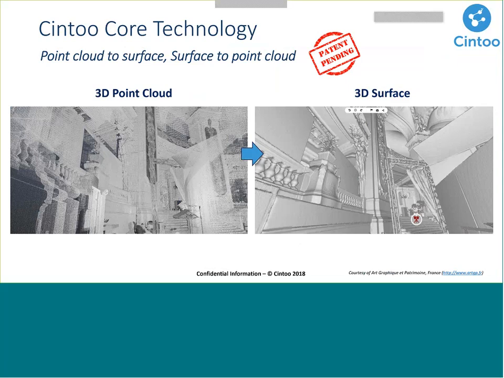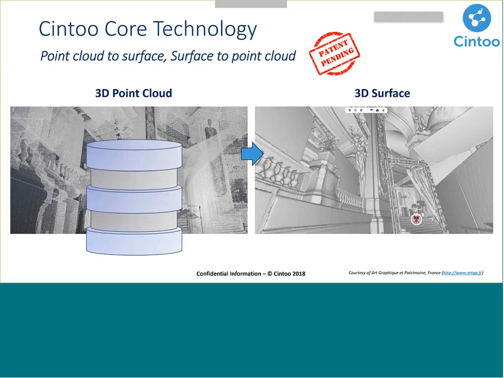What we create here is a multi-resolution, multi-level of detail mesh that embeds wavelet compression that will allow us to stream the mesh very nicely in real time from the server. I'll show you that, of course, in the demo.